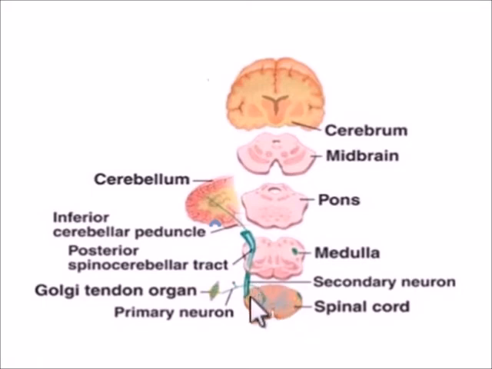It passes upwards and reaches the medulla, and in the medulla it enters the inferior cerebellar peduncle to reach the spinocerebellum of the same side of the body.